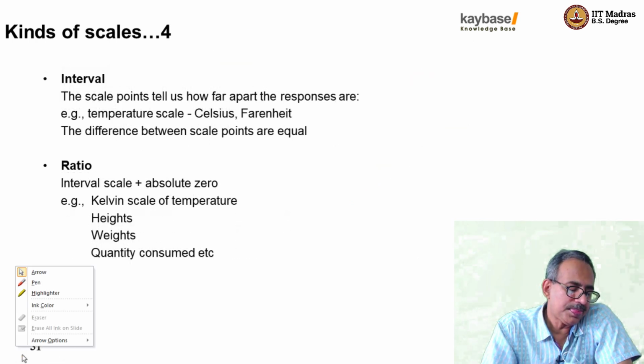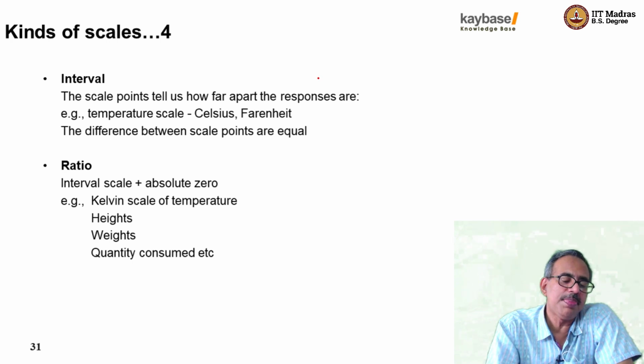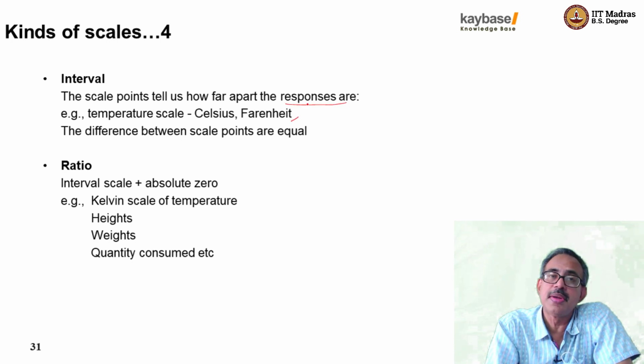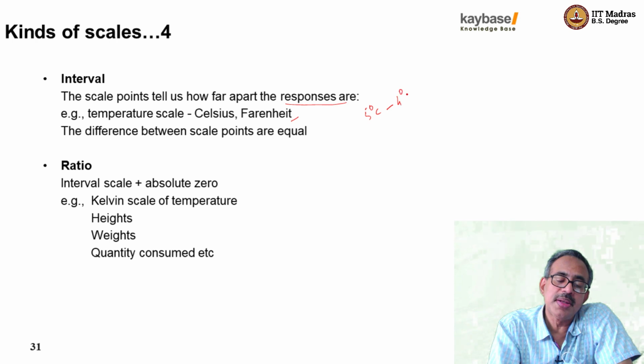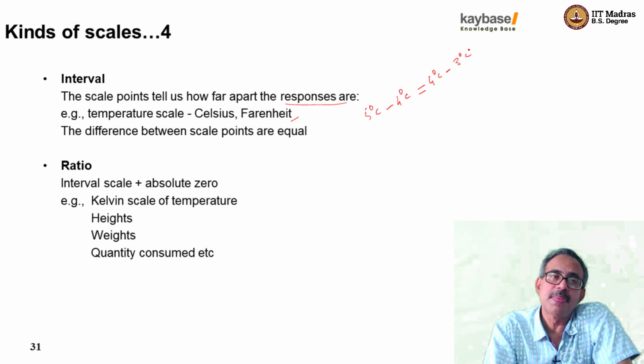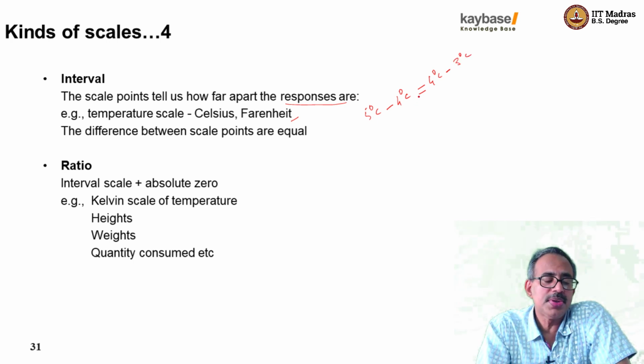Interval scale. How far apart the responses are. Now, you're all science students. You understand Celsius and Fahrenheit. So you know that 5 degrees Celsius minus 4 degrees Celsius is equal to 4 degrees Celsius minus 3 degrees Celsius. This is a fact. So this is called an interval scale.